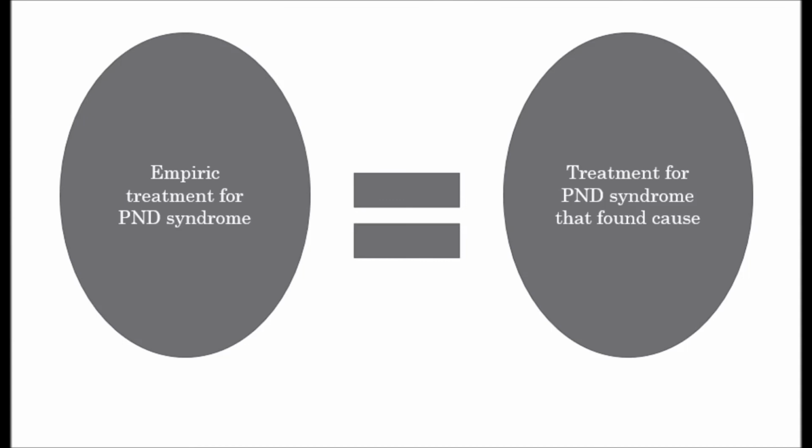Both groups improved when the patients with unexplained causes were treated with empirical treatment for PND syndrome and those with a known cause of PND syndrome. This suggests that a chronic cough patient with no special symptoms or signs should be given priority for empirical treatment for PND syndrome.